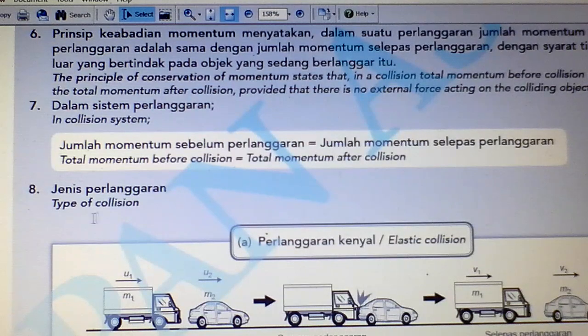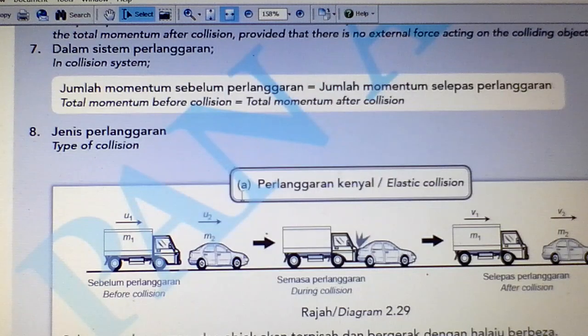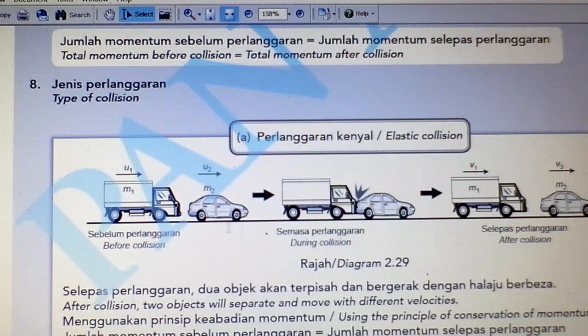Okay, now when we talk about collision, we will discuss 3 situations. The first one, we'll discuss elastic collision. The situation given here, we have one truck and one car. This is what happened before collision. This is during collision, and this is what happened after collision. So the situation is about two objects.